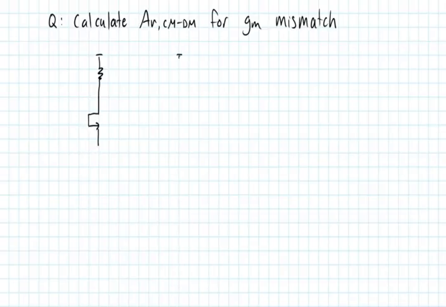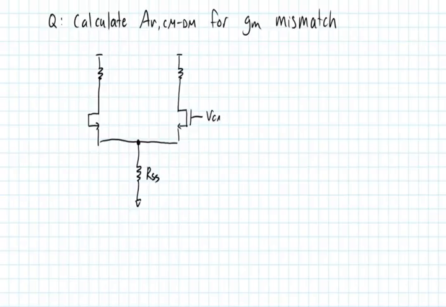In this case, we'll do a resistively loaded differential circuit. And we'll have some finite output resistance here, RSS. And in this case, we're going to tie both inputs to the same voltage, VCM. Okay, so this is the same input. RLs are perfectly matched.